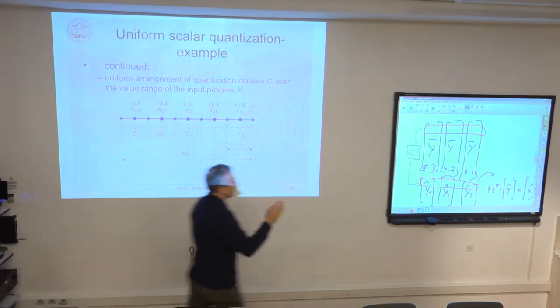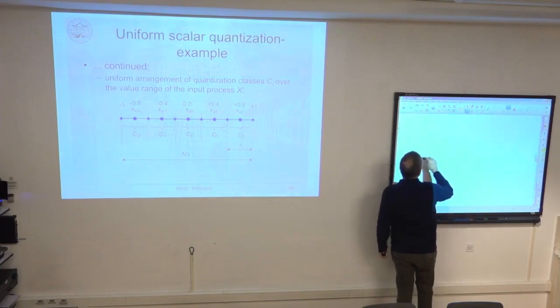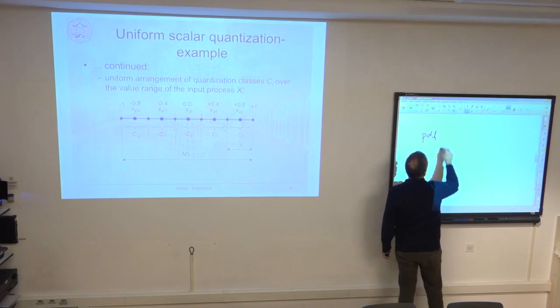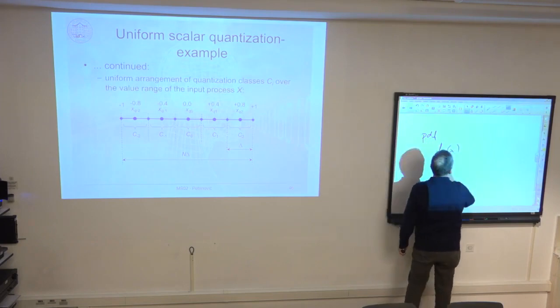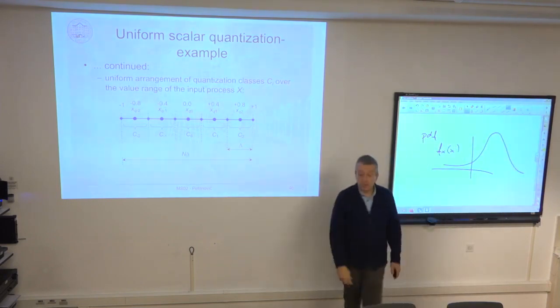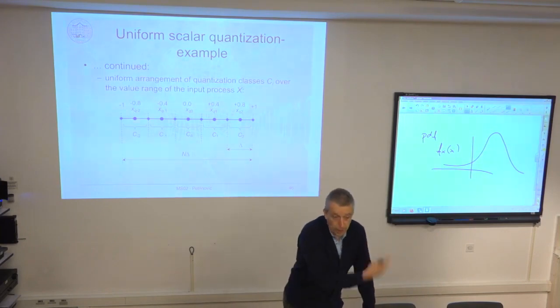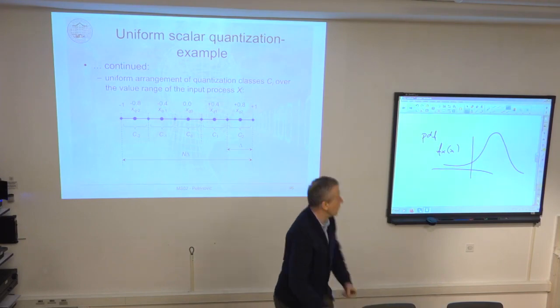And the answer is obvious, if this is the PDF, f_X of x, it has some form. Obviously, you have to put the quantization levels at the values that are often occurring in the signal.